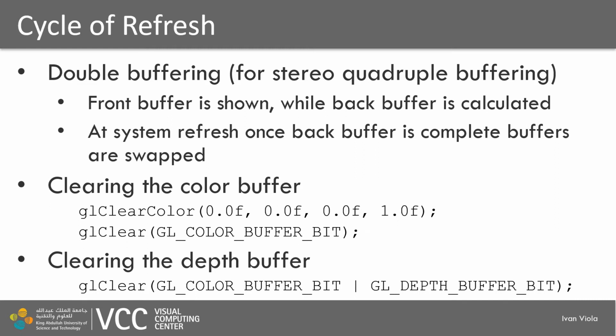This is realized in graphics APIs through the so-called double buffering, where we have one buffer which is used for writing into while the rendering is being performed, and the other one is used for reading, so that we avoid inconsistency within our frame buffer, which would be both read and written. For stereo rendering, we would then be using two and two buffers, so quadruple buffering will be used.